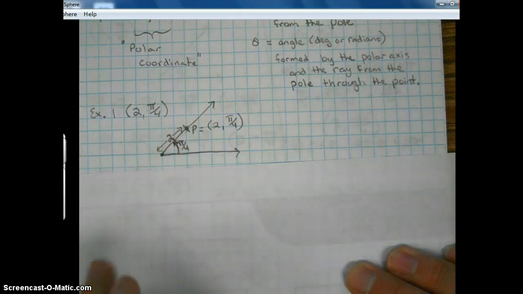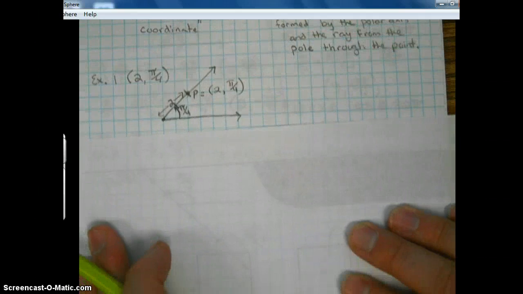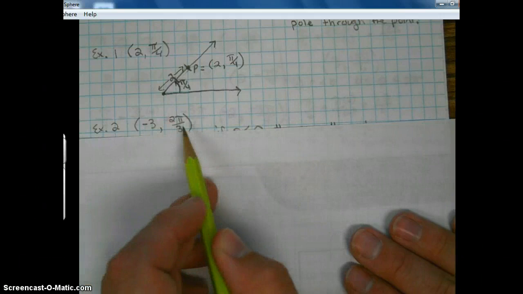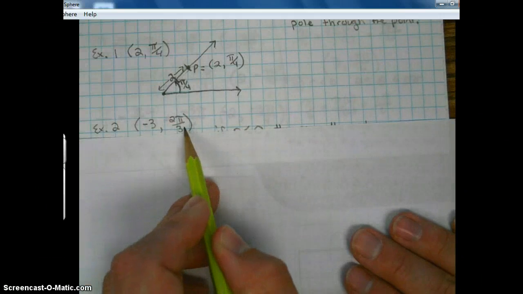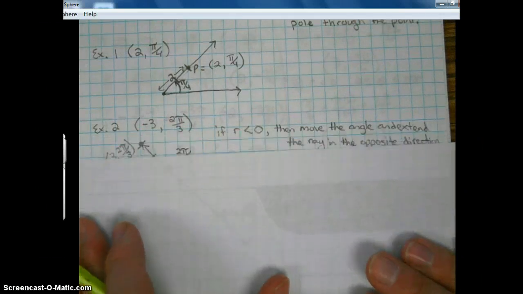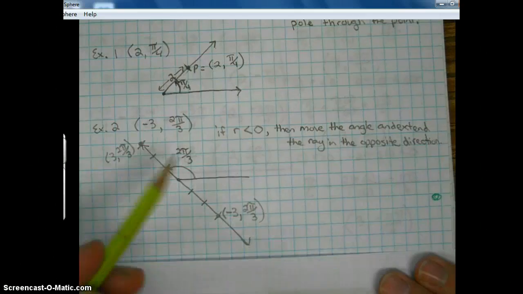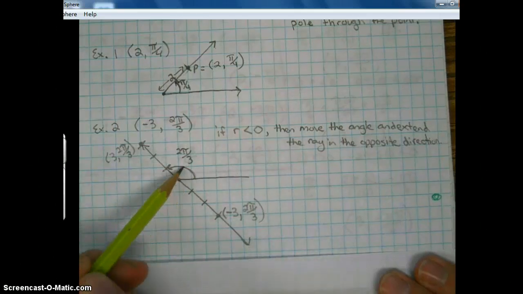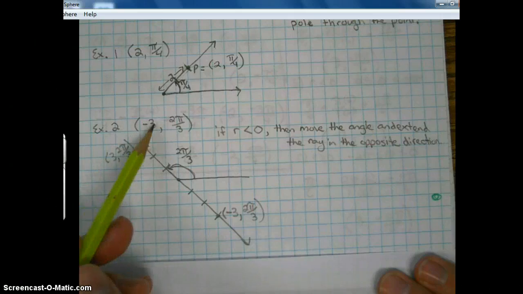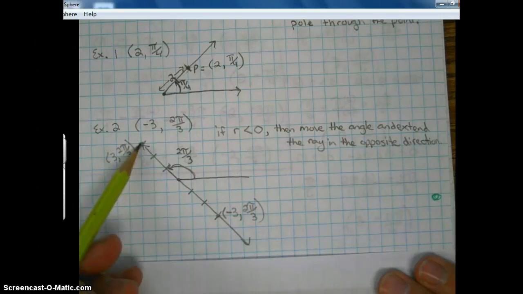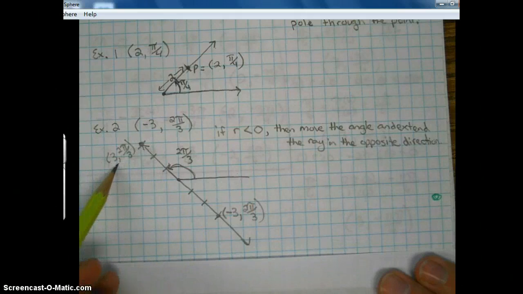Let's take a look at an example when r is less than 0. Okay, so we have r is -3. Our angle is 2 pi over 3. So notice from the polar axis we went 2 pi over 3 radians, and then if we go 1, 2, 3 units, that would be positive 3.